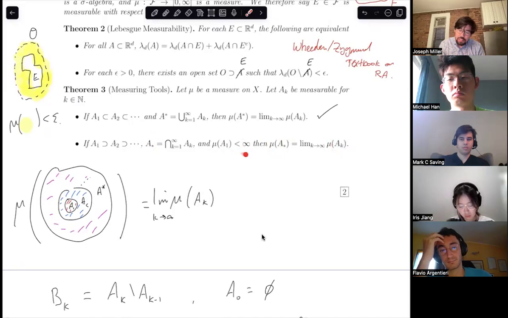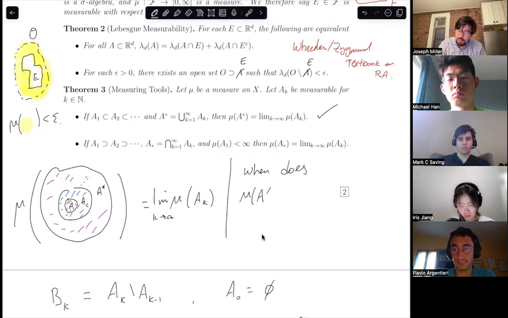However, I also need this condition of finiteness. Can anybody tell me when mu of A star does not equal the limit of mu of A_k?